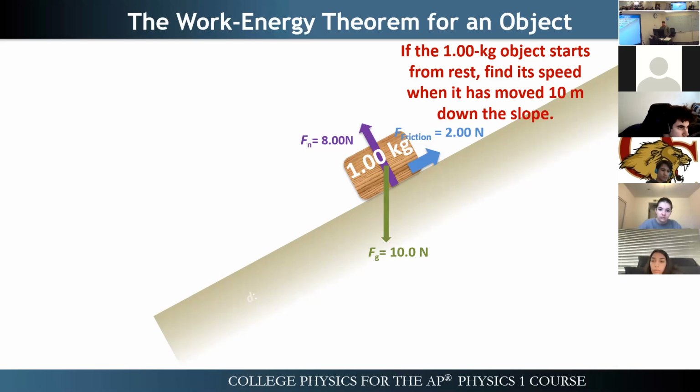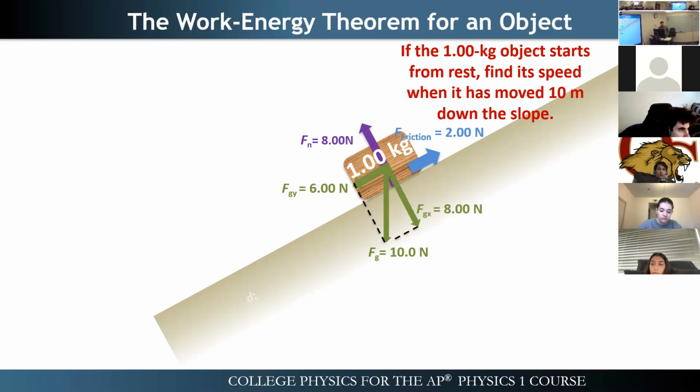So we're just going to use the same thing we've been doing in terms of the work energy theorem. We just have to make sure we break that weight force down into components. The 6 newton force is parallel to the slope, and the 8 newton force would be perpendicular to the slope. I'm not exactly sure why they chose to make this y and this x, but whatever.